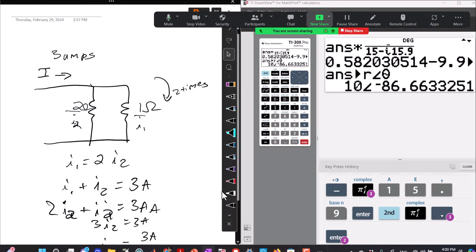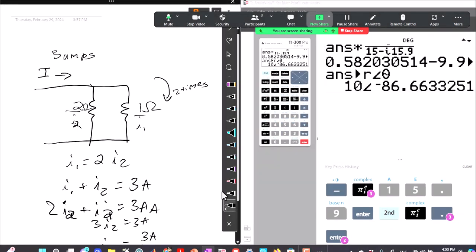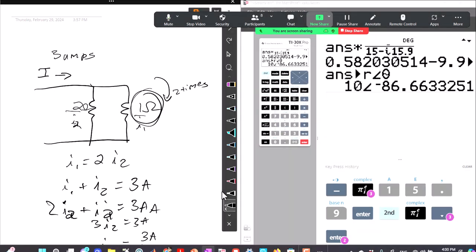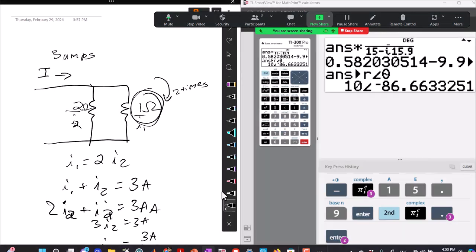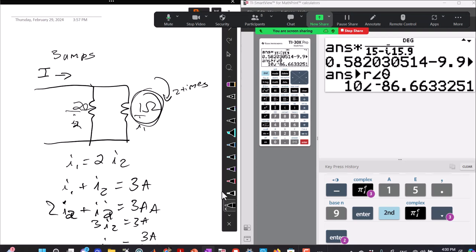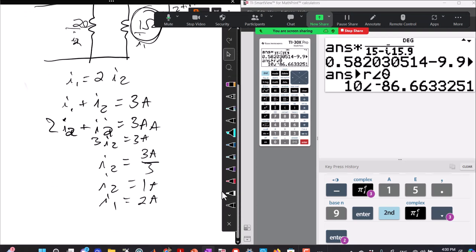And so what I needed to do is figure out how to divide this current up proportionally, so that this resistor got this many times as much current as the other resistor, because the other resistor is what's slowing it down.